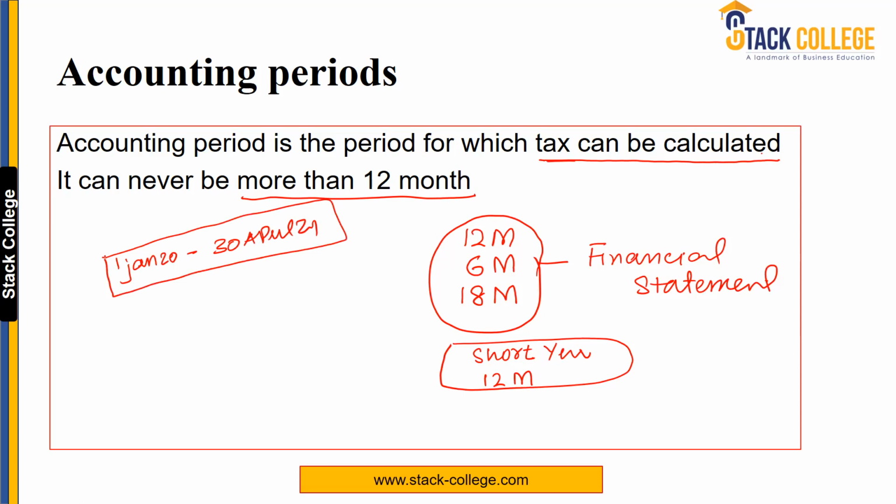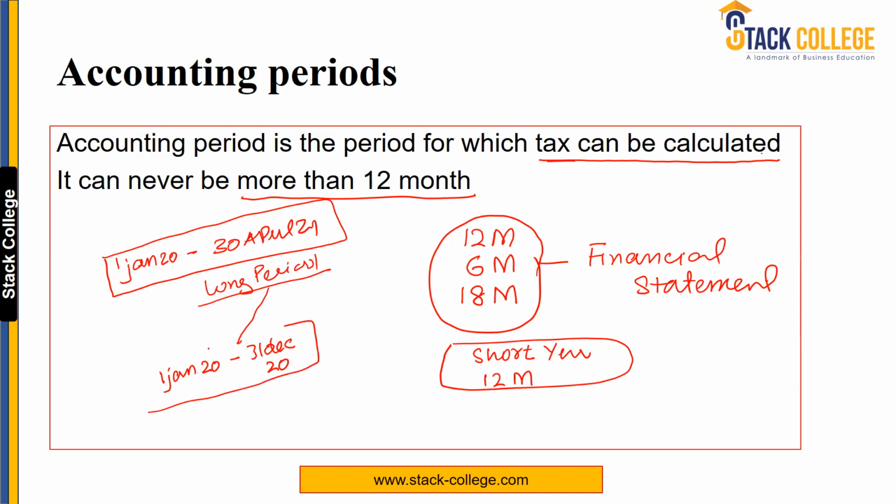Now, what we need to do is convert this period into two parts. That is how to convert long periods. In the case of a long period, we have to convert it into two parts. The first part always starts from the beginning of the financial statement period and runs for 12 months, that is until 31st December 20.